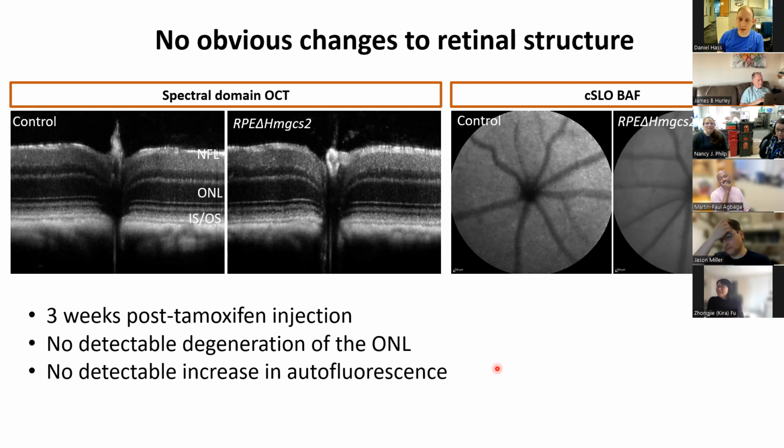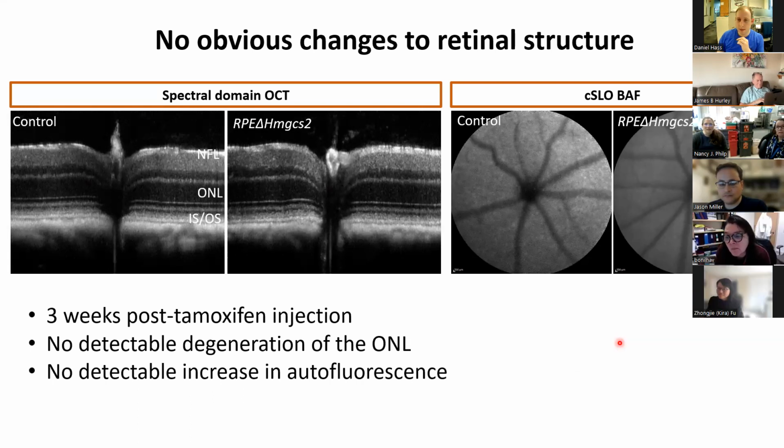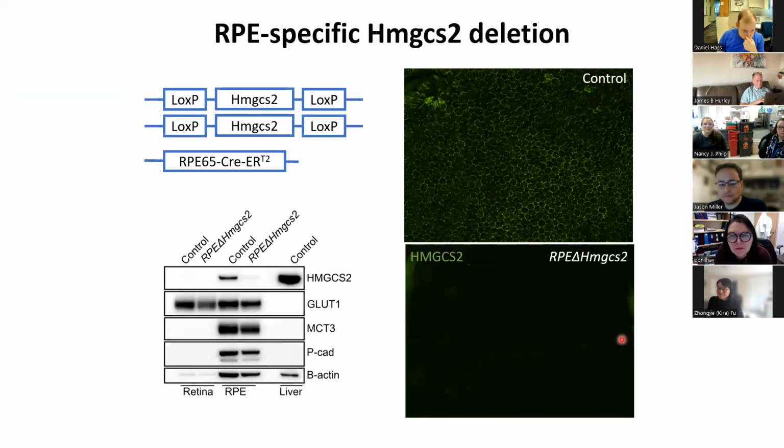Dan, sorry, have you looked at the mitochondrial morphology or other markers for the RPE to look at how they look in these mice? So I think the markers for the RPE by Western blot, some markers look reasonably good or unchanged. Well, it looks like you have less beta-actin in your knockout.